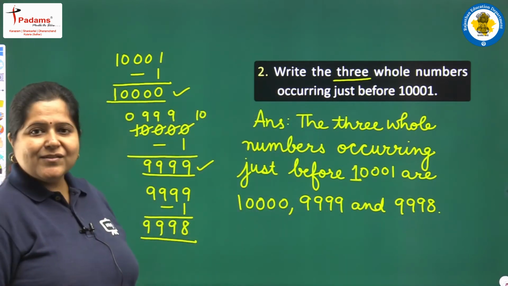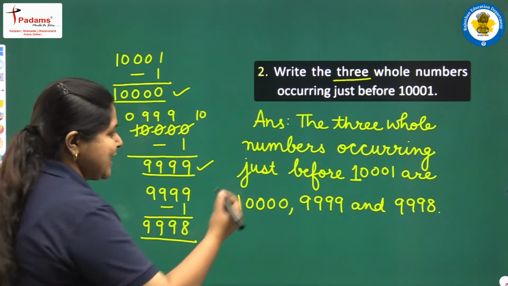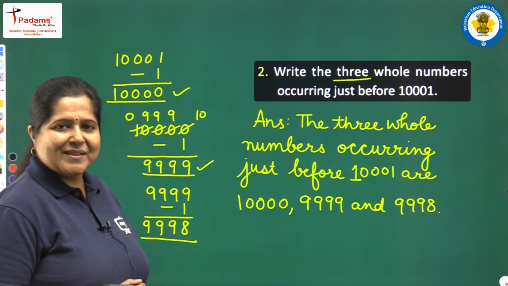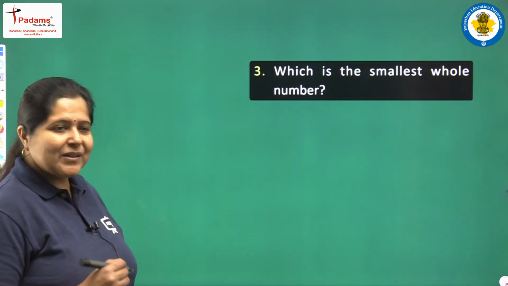So we have these three numbers occurring just before 10,001. This is the solution. We move on to question number 3.